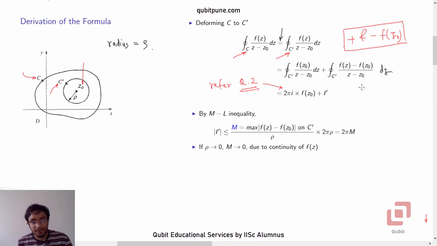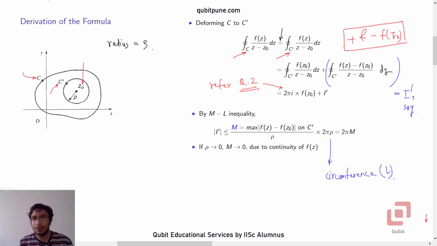Now the job is to evaluate this second integral. To evaluate it, we will take the help of the ML inequality. By ML inequality, the absolute value of this integral I prime will be less than or equal to M upon rho into 2 pi rho. 2 pi rho is the circumference, or L. How did I get rho in the denominator?